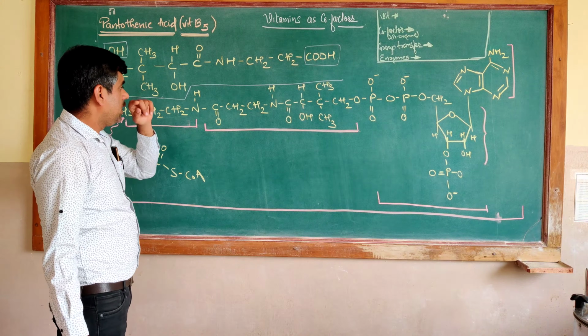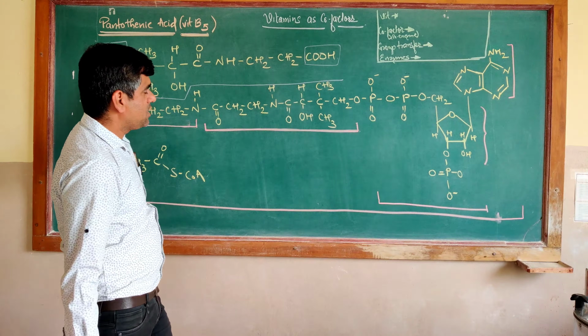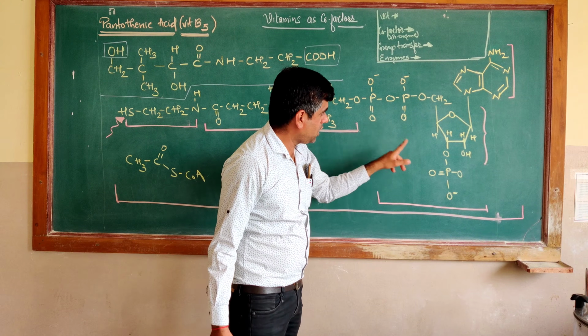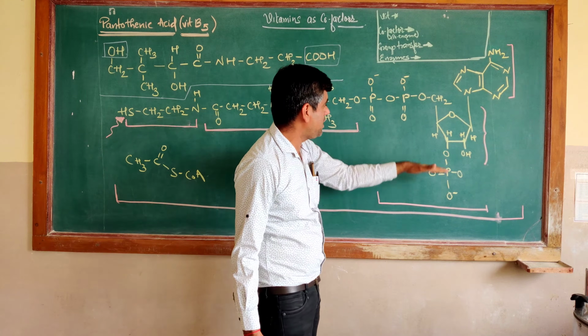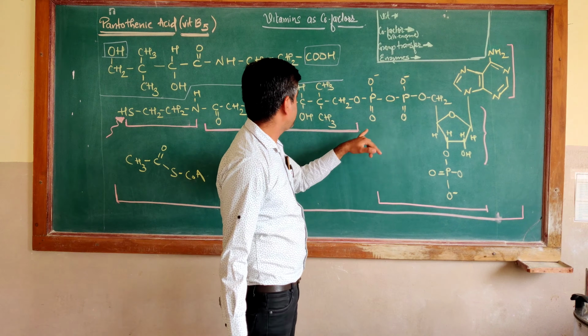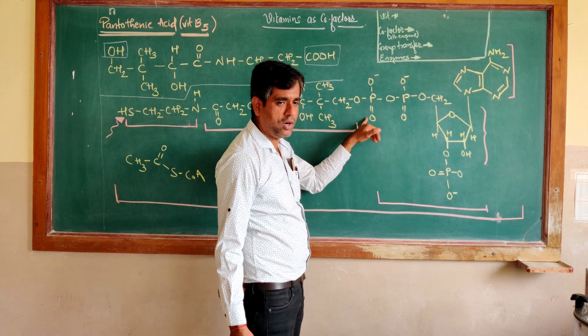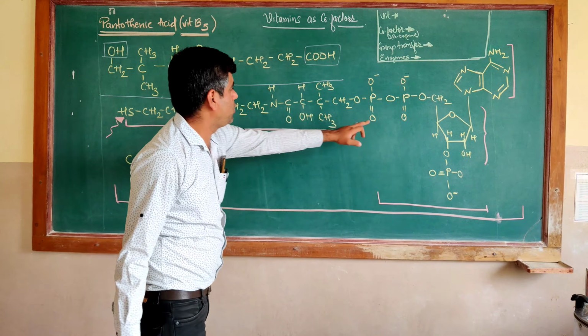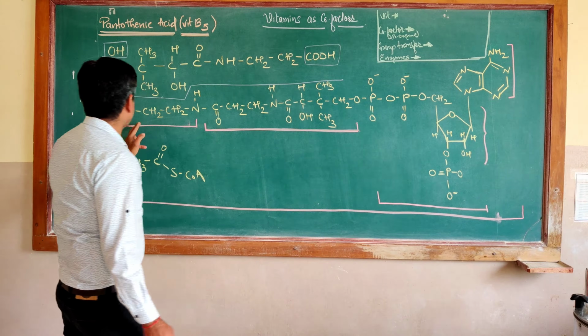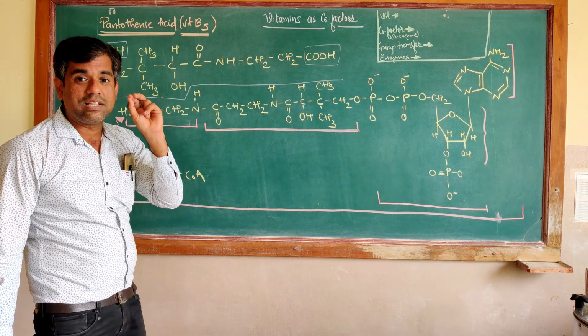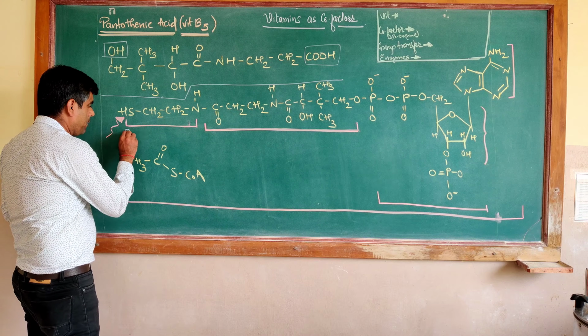Now this particular hydroxyl group is bound to your ADP moiety, the 3'5' phosphate diphosphate ADP moiety, with a phosphoanhydride bond. So the hydroxyl group is bound here and you have your carboxyl group bound here to beta mercaptoethanolamine.